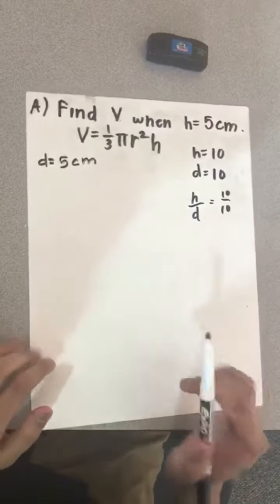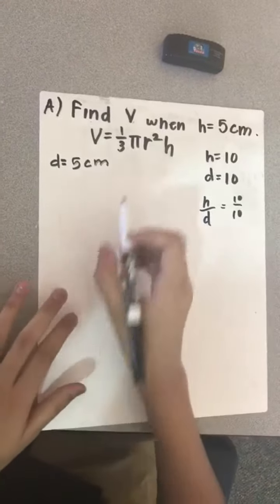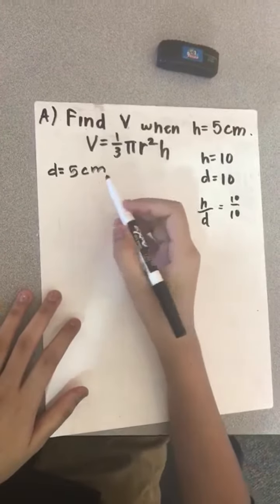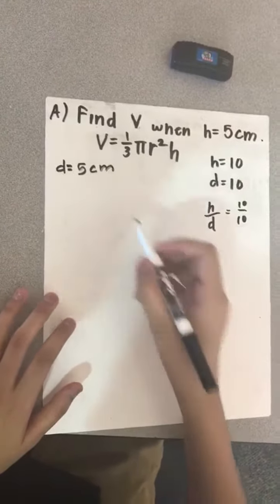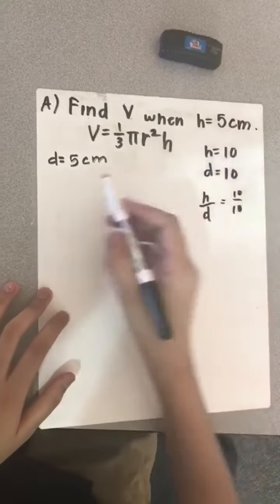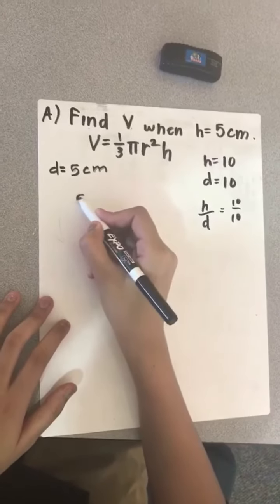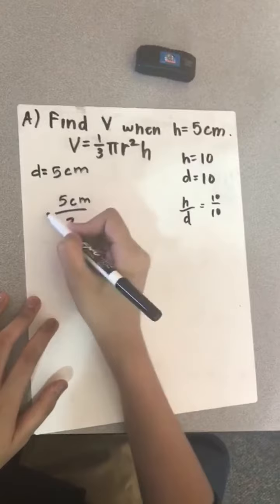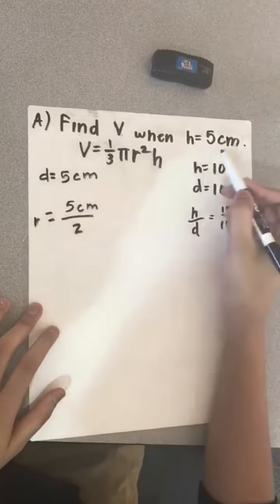First we have to figure out our r. So r is our radius, okay? And we know that diameter divided by 2 equals radius. So our diameter at h equals 5 centimeters is 5 centimeters divided by 2. And in this case, that would be our r for when h equals 5.